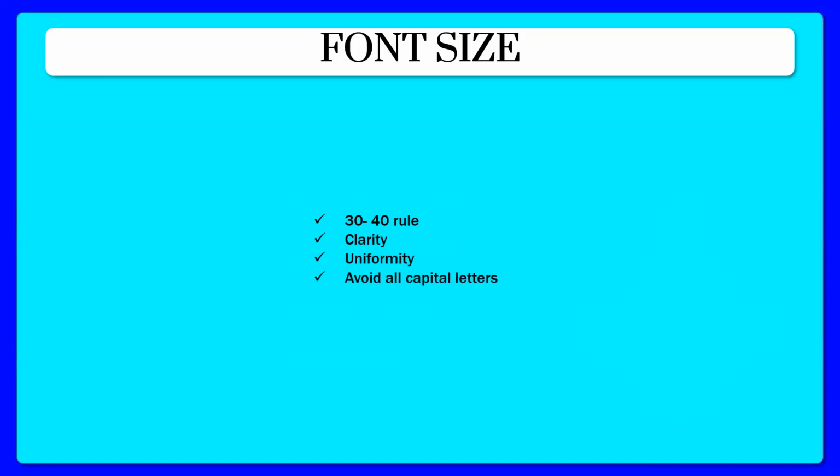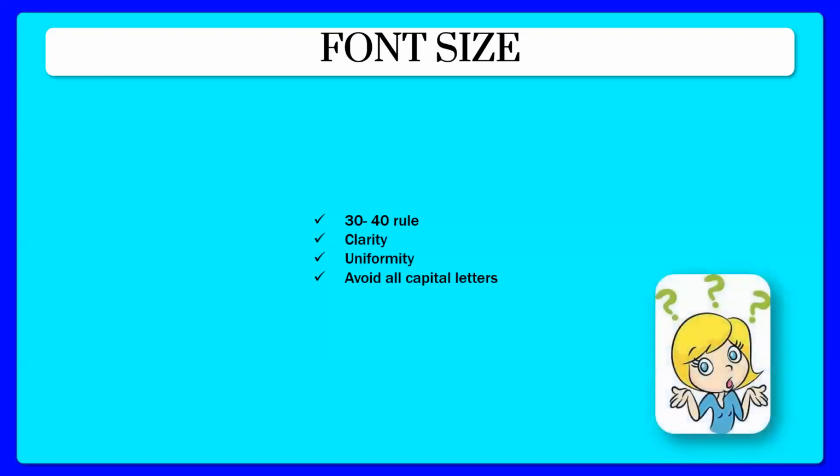And we should avoid all capital letters when we are including a slide. In the sense, we can keep the title of the slide in all capital letters, whereas the content we can keep in sentence case, and see to it that the font size can be increased.